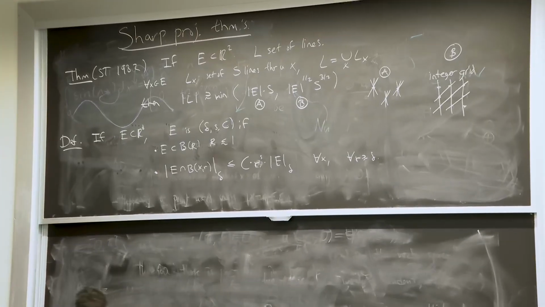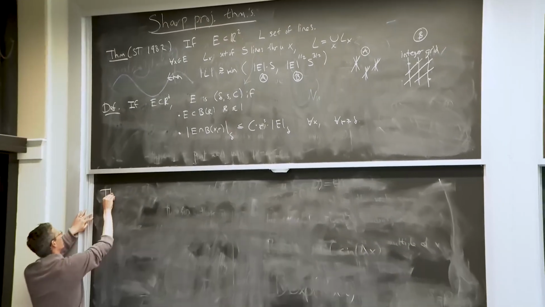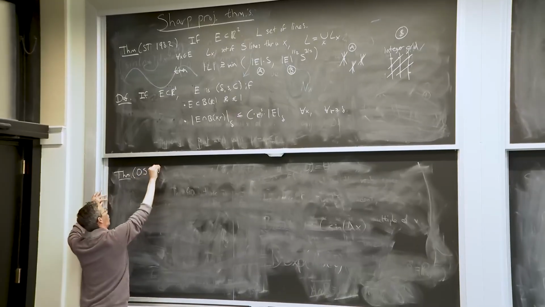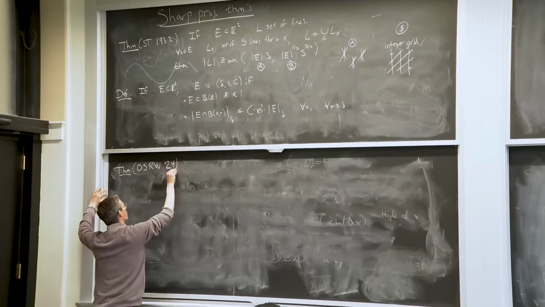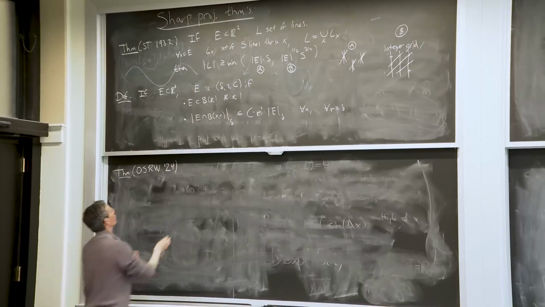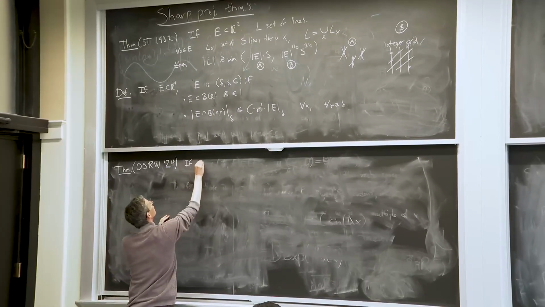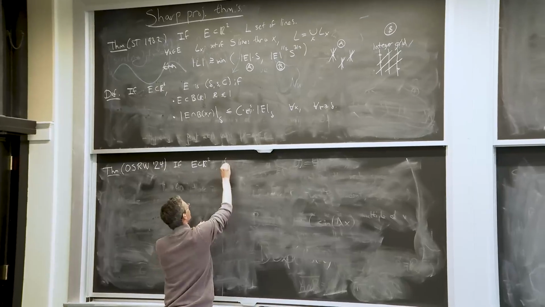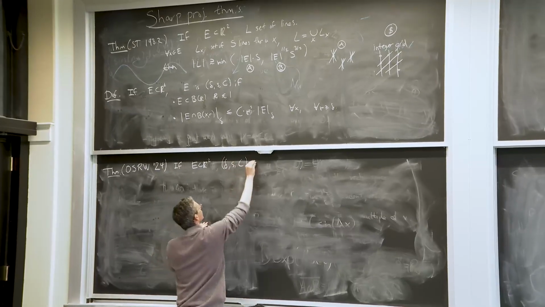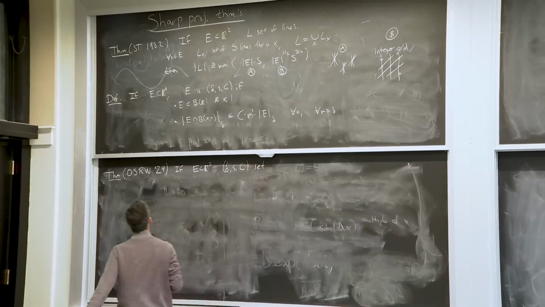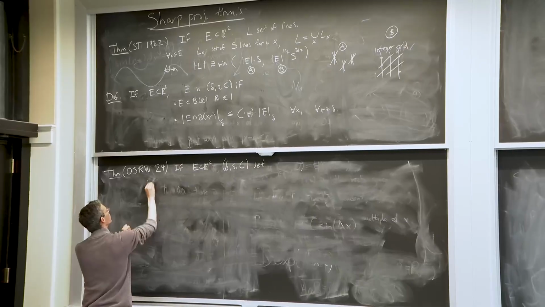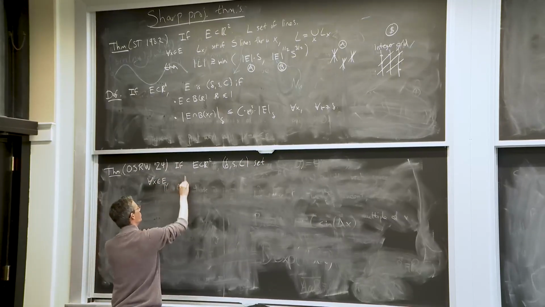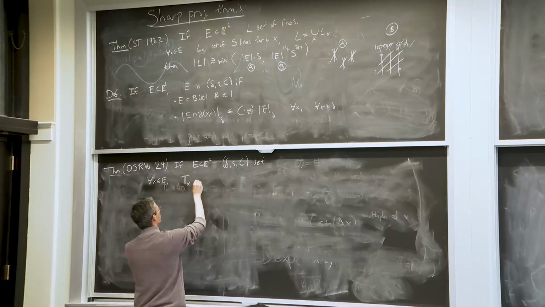So here is the statement of the sharp projection theorem. The theorem of Orponen-Shmerkin, Ren-Wang from 2024. All right, so if E in R2 is a delta-SC set, then every x in E will have a set of tubes, T sub x.